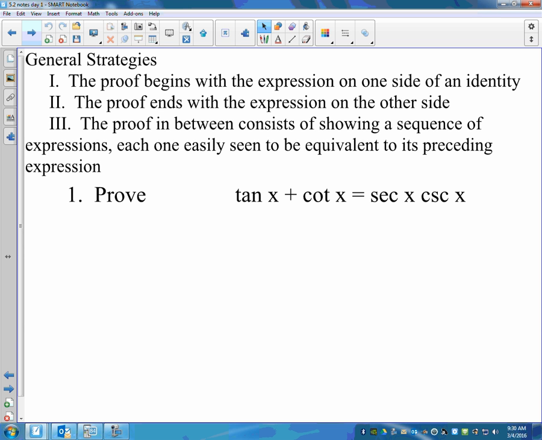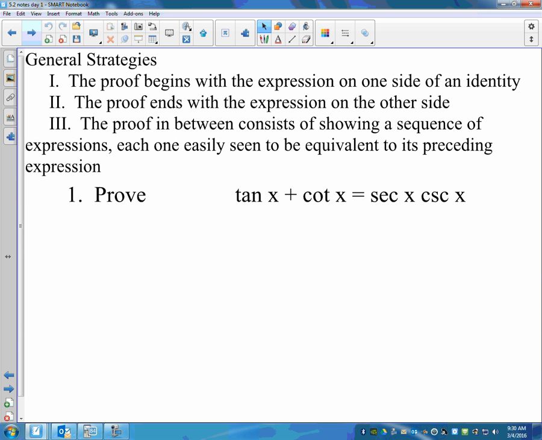Unlike a geometry proof, it's kind of like an equation the whole time, but like a geometry proof, you know what you're trying to prove. So it says the proof begins with the expression on one side of an identity, and the proof ends with the expression on the other side, which means kind of like geometry: given this, prove that it equals this.